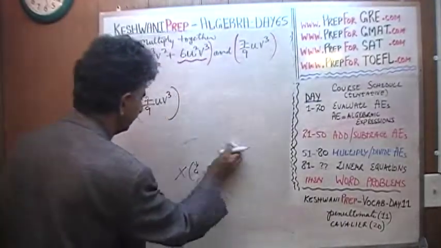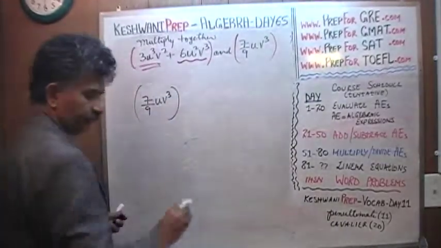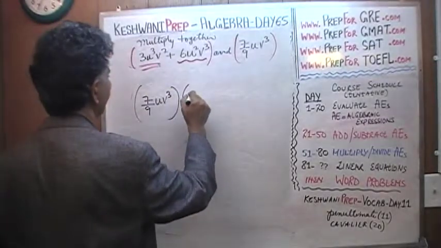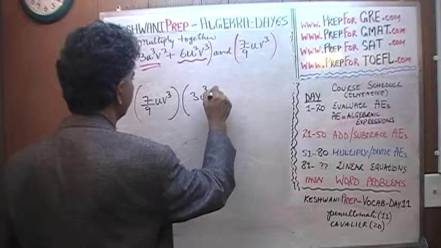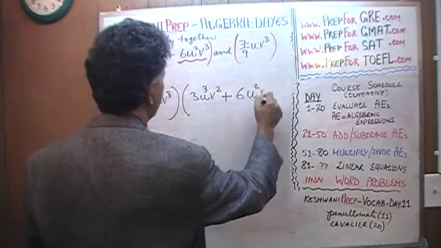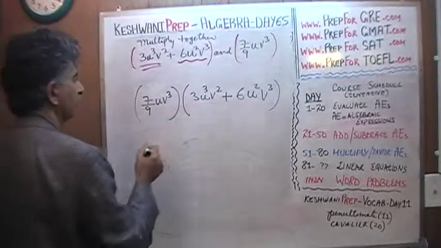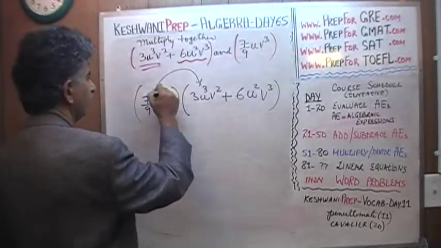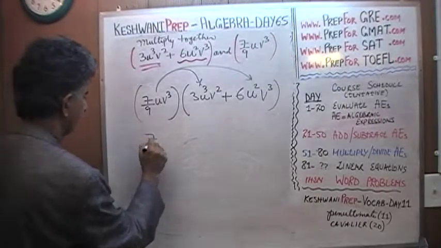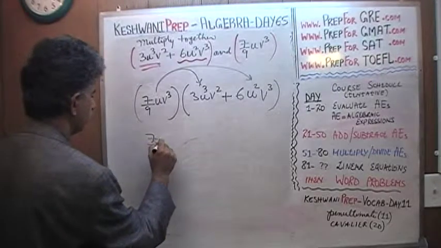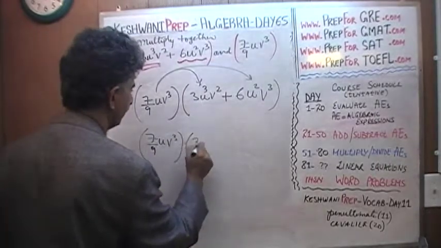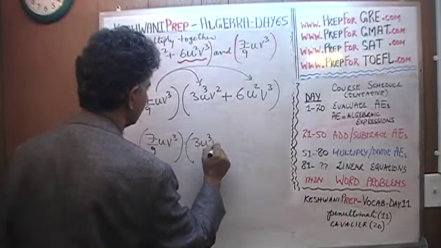In other words, let's put this one first. And then we have 3u cubed v squared plus 6u squared v cubed. And now we have to distribute it. Distribute this times this, this times that. So we have 7/9 u v cubed times 3u cubed v squared.